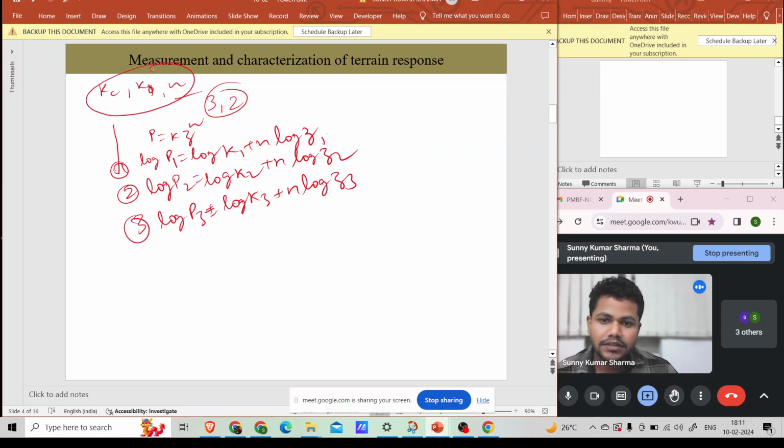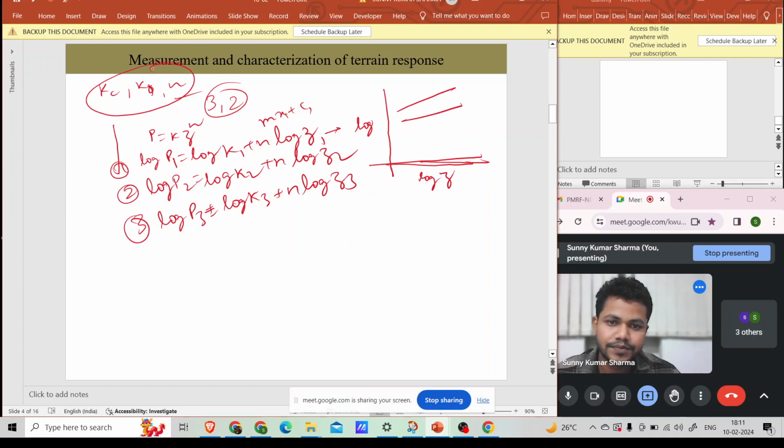So this is the equation which is similar to mx plus c. Suppose this is mx1 plus c1. So we will draw a graph with log Z on the x-axis and log P on the y-axis. Suppose we have 3 plates, we get 3 lines.